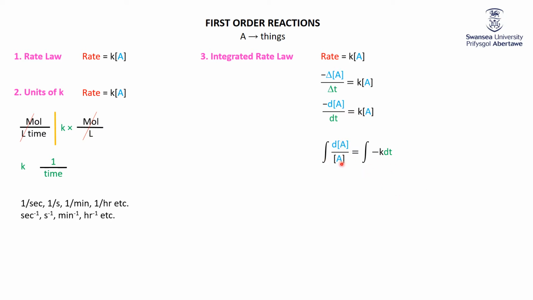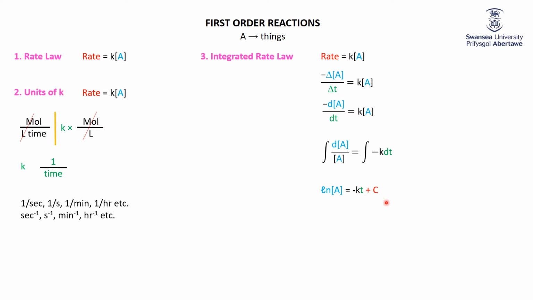Now, the integral of 1 over something is the natural log of that something. And the integral of a constant is just the constant times whatever you're integrating, in this case t. So this becomes ln[A], because that's 1 over [A] integrated. This becomes minus kt, because that's integrating k with respect to t.